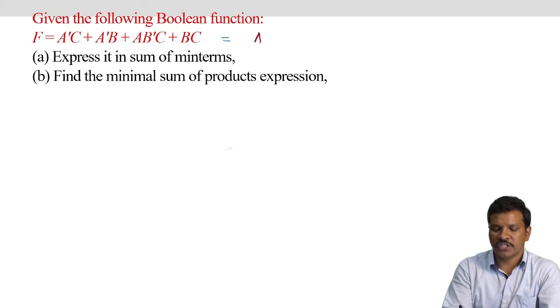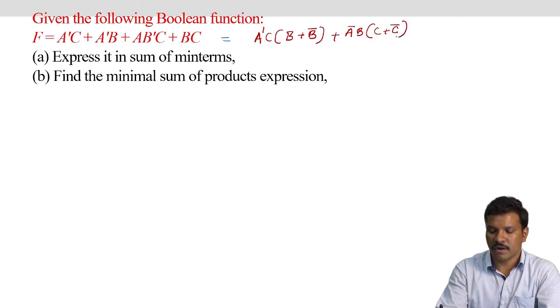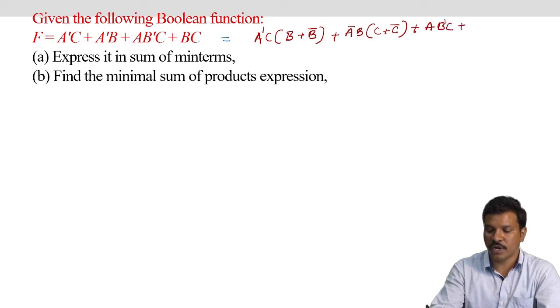The term missing in the first term is b, so we can take b plus b bar. In the second term, a bar b, c is missing, so c plus c bar. The third term has all literals either complemented or uncomplemented, so no need to take. And the final term is missing a, so we can take a plus a bar.